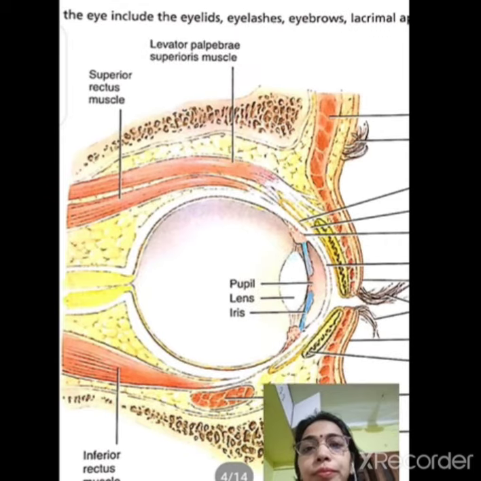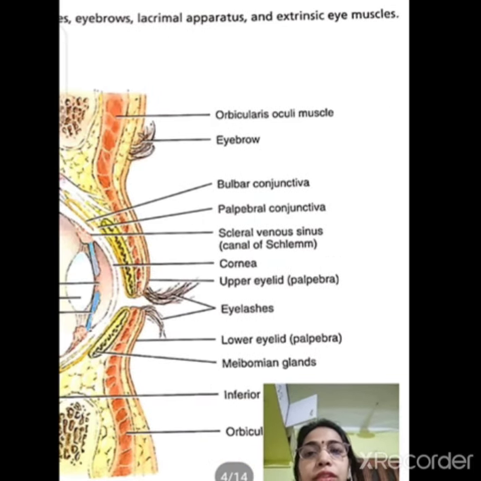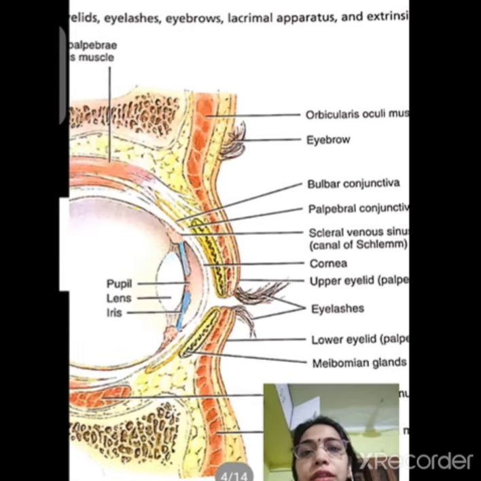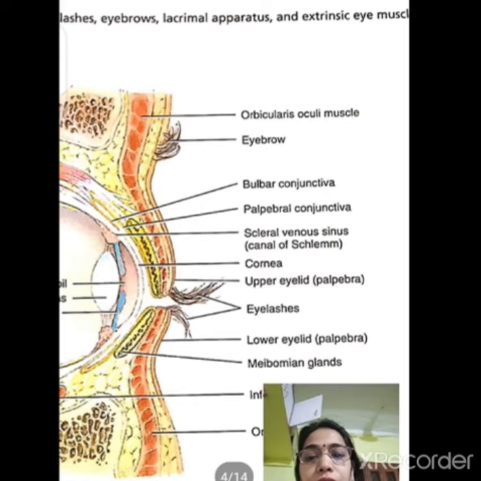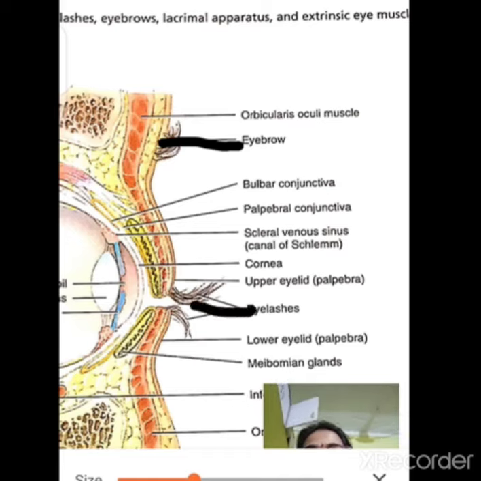Now you can see in this diagram, first in the anterior part, the eyebrows where the hairs are present. Then outer is the eyelashes, the hair parts, eyebrows and eyelashes.